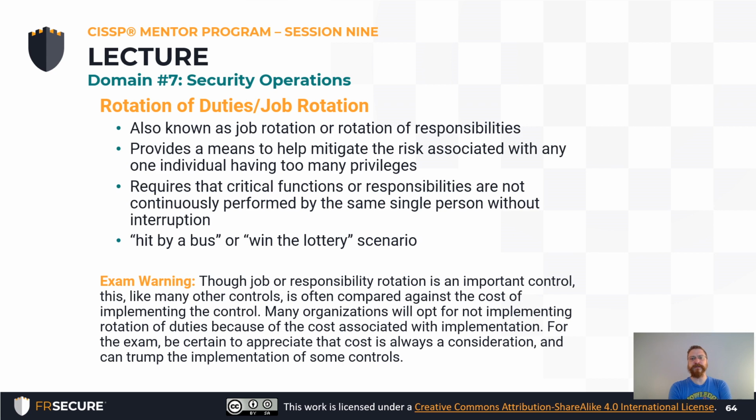That's the hit by the bus or won the lottery scenario. We want to make sure that multiple people have the ability to perform that action, and it rotates around. So you're doing this job for 2 weeks and somebody else does it for 2 weeks, and then a third person does it for 2 weeks. It rotates through who does the actual job.